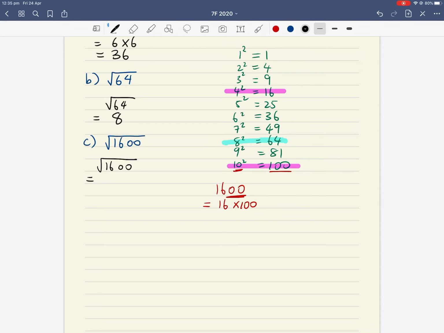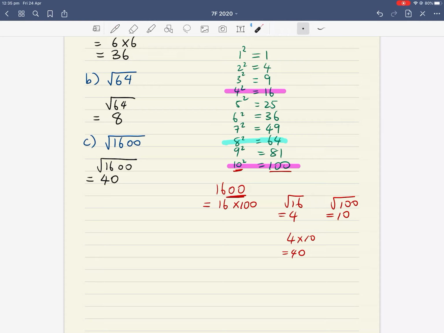So the square root of 1,600 is just 40, because the square root of 16 is 4, and the square root of 100 is 10, and then 4 times 10 is equal to 40. So that's one way of thinking about it, is to break it down into its factors, square factors.